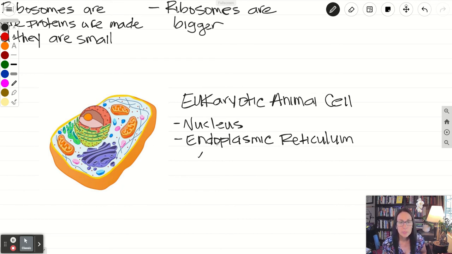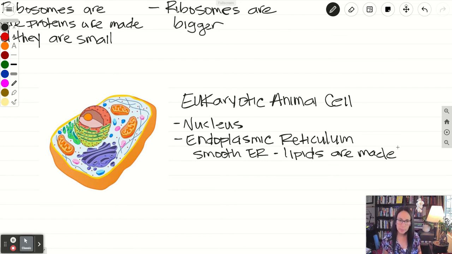So I'm going to say the smooth ER is where lipids are made. Okay, and lipids are very important. We talked about fats and lipids in a previous video, and all membranes are made of phospholipids, and all organelles have membranes, including the cell has a membrane. So all the lipids are made here.